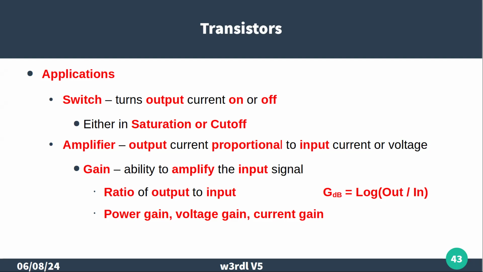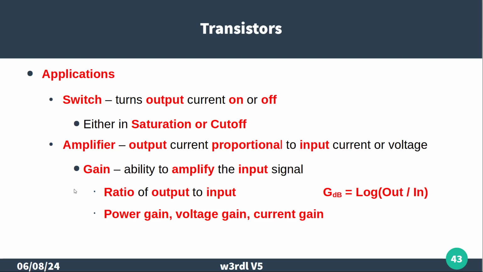If you want to use it as an amplifier, you bias it somewhere in between those two values, and the slope of that line that we saw earlier determines how much gain, how much the output current changes, or the current through it, proportional to the control voltage or current, depending on whether it's a bipolar or a field effect transistor.